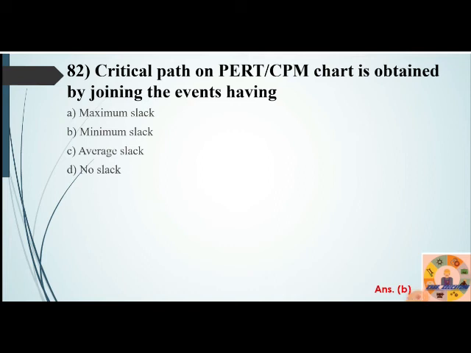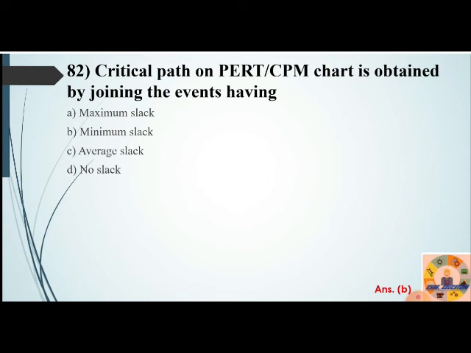We know the PERT is event oriented and used for uncertain projects, while the CPM, as discussed in the last question, is activity oriented and used for construction project works.